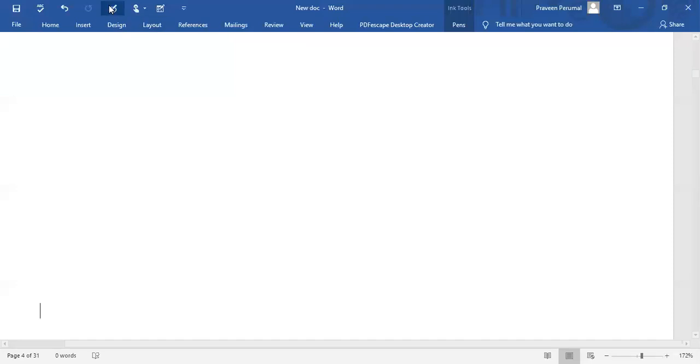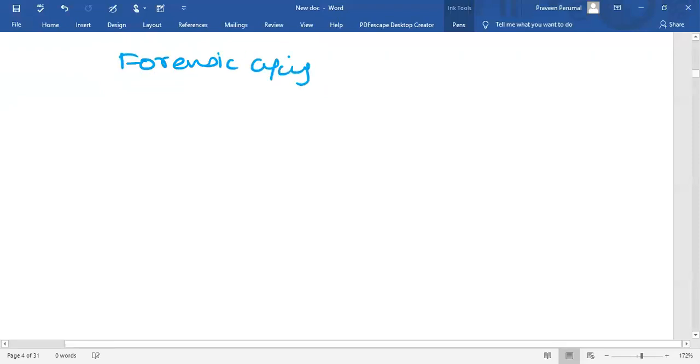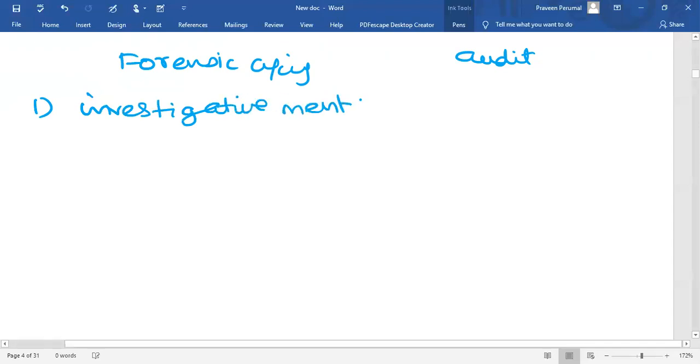So, to summarize, let's see the practical differences between forensic accounting and normal audit. What is forensic accounting? Forensic accounting has an investigative mentality, whereas normal audit talks of professional skepticism.